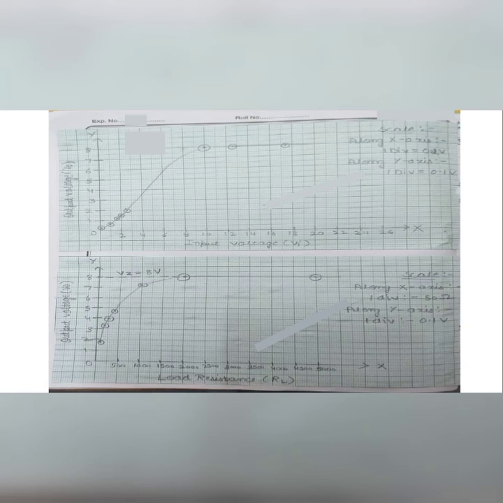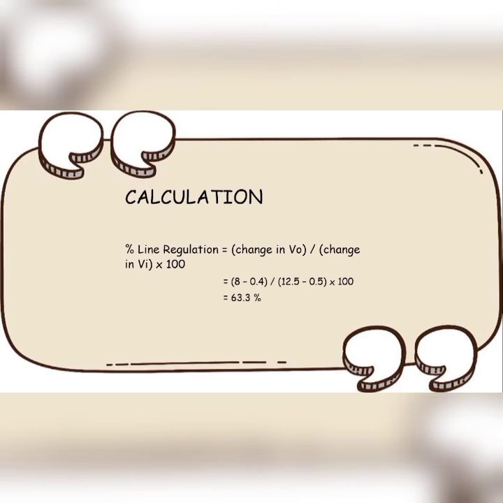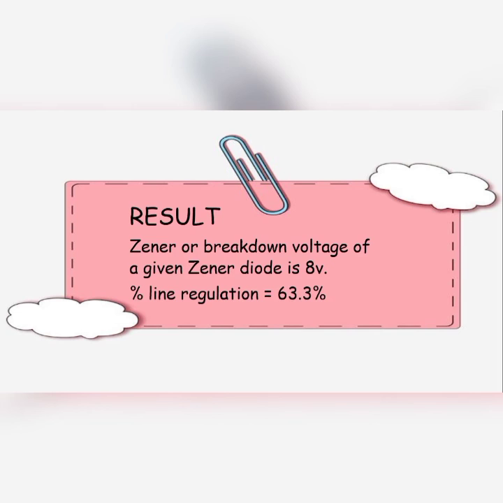By plotting the graph, the percentage line regulation is equal to 3.3%. So the zener or breakdown voltage of the given zener diode is 8 volt. The percentage line regulation is 3.3%.